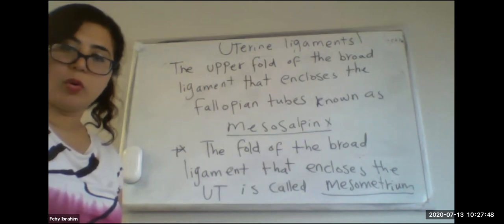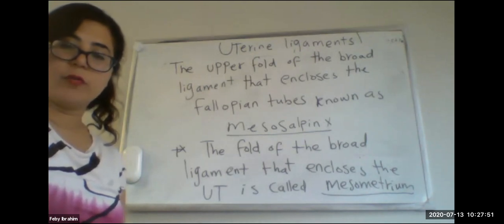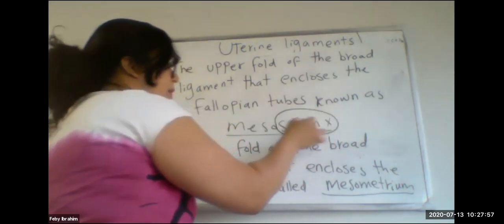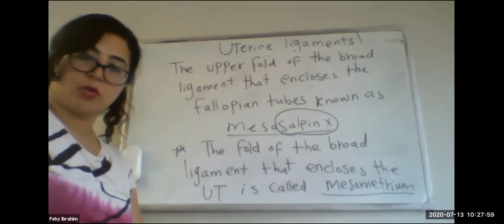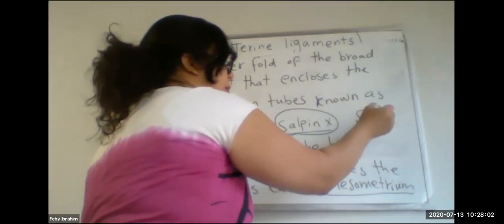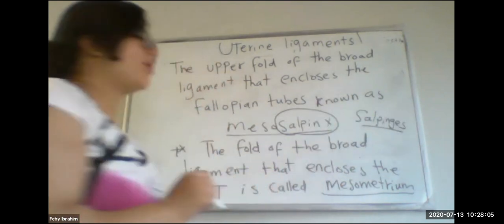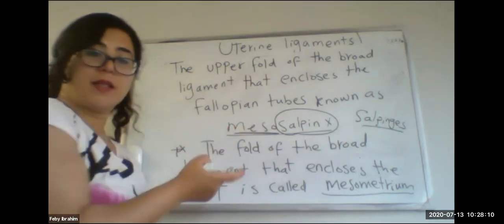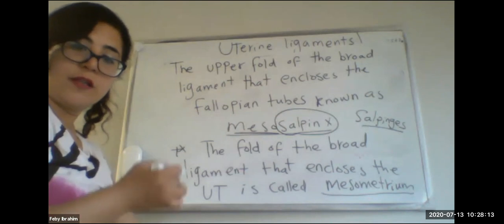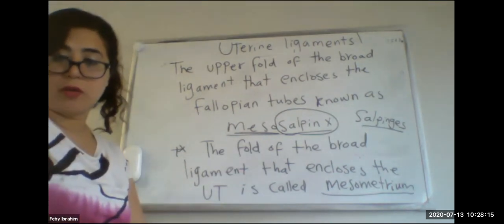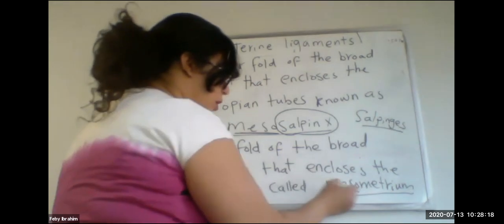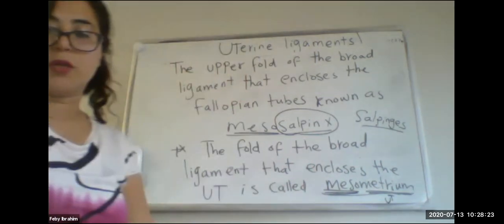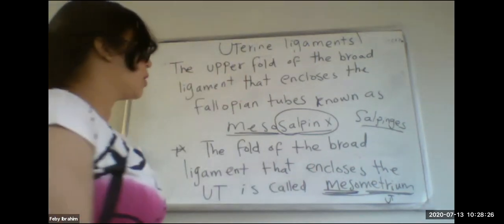Do you remember when we said the fallopian tube is also known as salpinx? So salpinx represents the fallopian tubes, and meso represents the broad ligament. For the fold that includes the uterus, mesometrium: meso is the broad ligament, and metrium stands for the uterus. Okay.